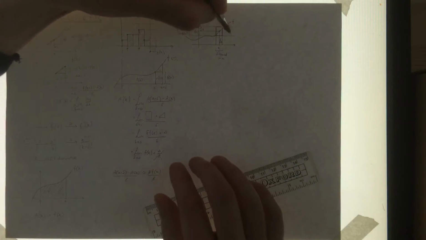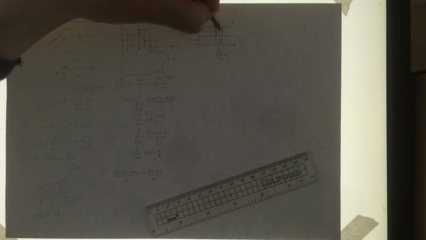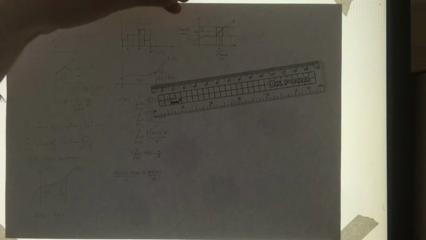We know that within this box f is entering one side, leaving the other side. It's never going over the top or under the bottom. F is within that box, over that interval.